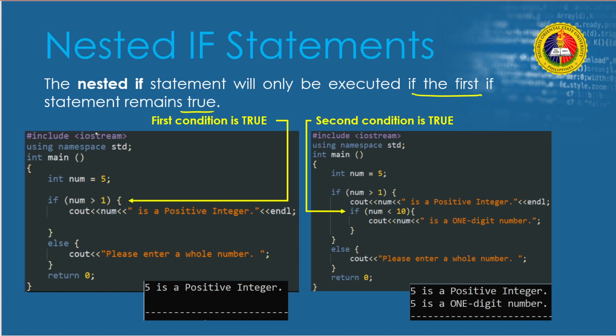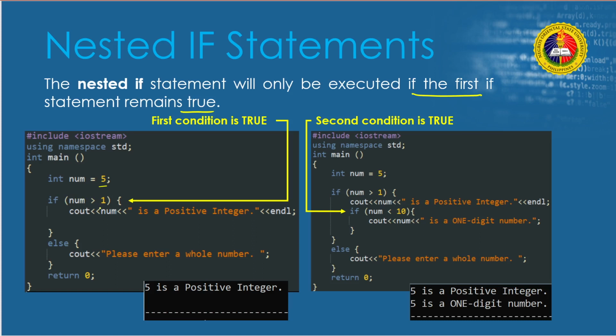Let's say for example, this is the regular if statement. This program will determine whether or not the number is positive or negative. Okay? So for example, the number is 5. The condition is if the variable num is greater than 1, that is to determine if it's positive or not, di ba?